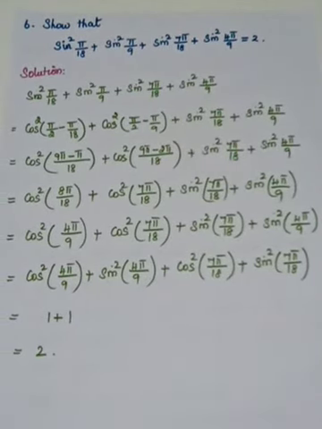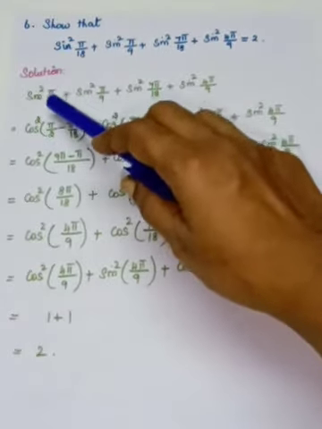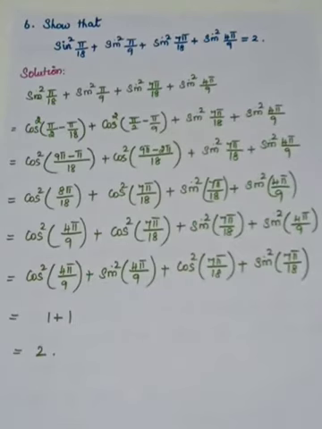Okay, so coming to the sixth problem, sin squared pi by 18 plus sin squared pi by 9 plus sin squared 7 pi by 18 plus sin squared 4 pi by 9 is equal to 2. So we have to prove that it is equal to 2. Okay, consider the four terms on the left hand side, and you just write the first term sin pi by 18, that can be written as cos of 90 degree minus theta, because cos of 90 degree minus theta is equal to sin theta.